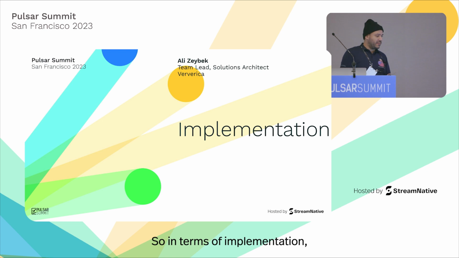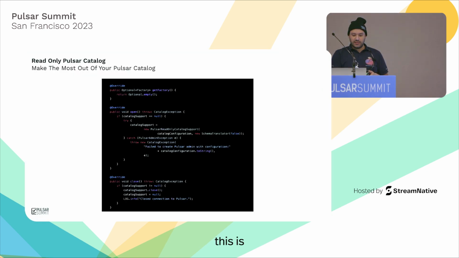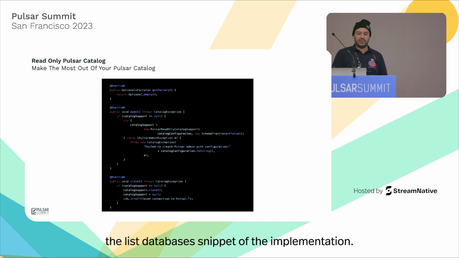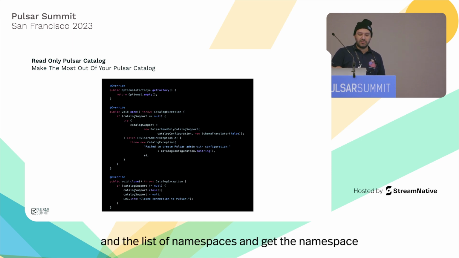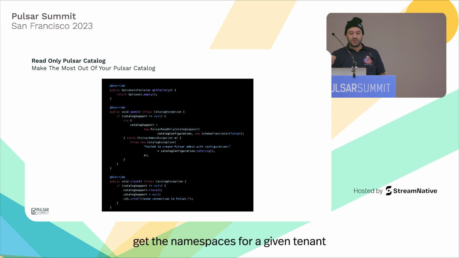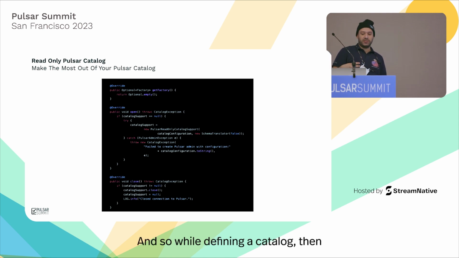So in terms of implementation, this is the list databases snippet of the implementation. Here we have a Pulsar admin, and we list the namespaces for a given tenant, do some manipulation on the naming, and then return it.